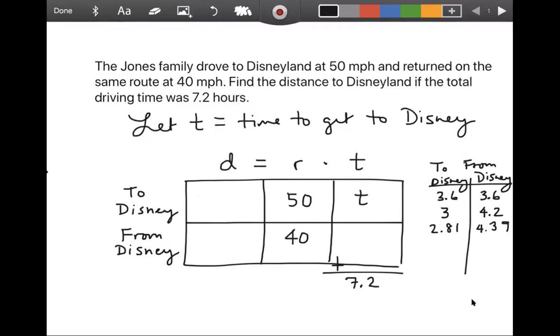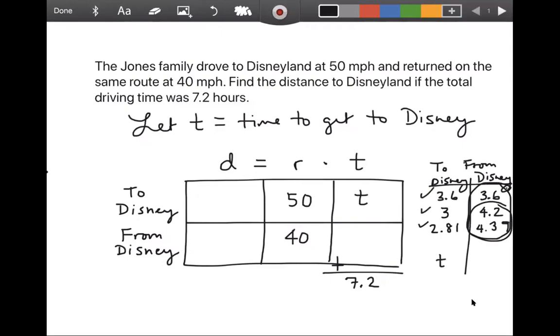So now I'm going to ask you, what if it takes T hours to get to Disney? How did I get all of these numbers, especially these two, from these ones over here? Well, I got them by subtracting from 7.2. If it takes 3.6 to get to Disney, it takes 7.2 minus 3.6 to get home.